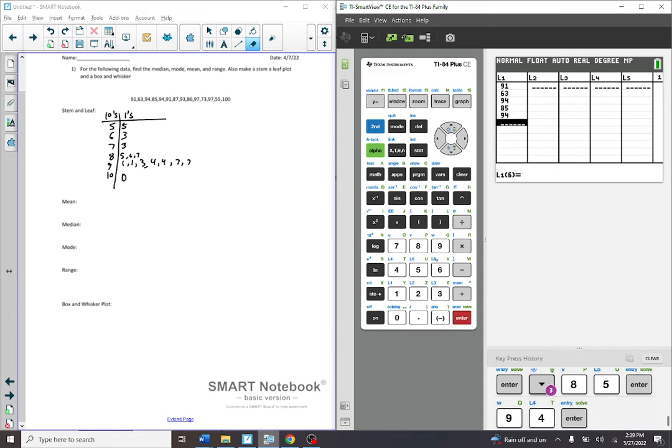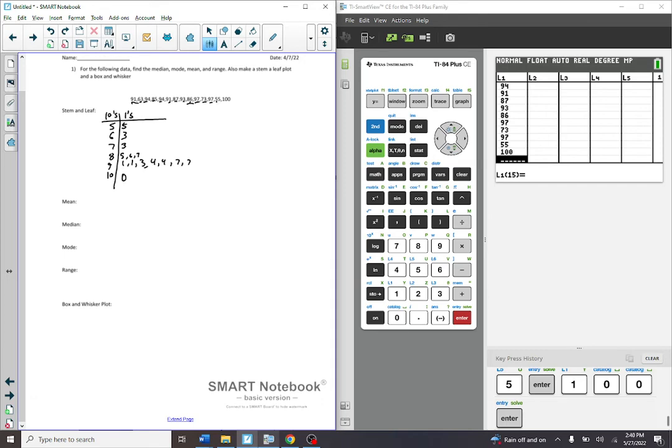If it's tiny right now, don't worry, I'll fix it afterwards. 91. 87. 93. 93. Let me just make sure I cross. 93. 86. 97. 73. 97. 55, 100. 14 numbers, 1, 2, 3, 4, 5, 6, 7, 8, 9, 10, 11, 12, 13, 14.